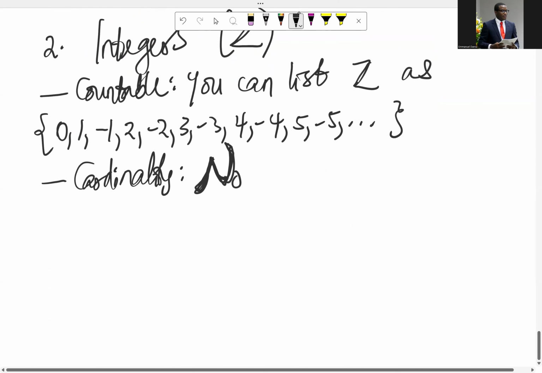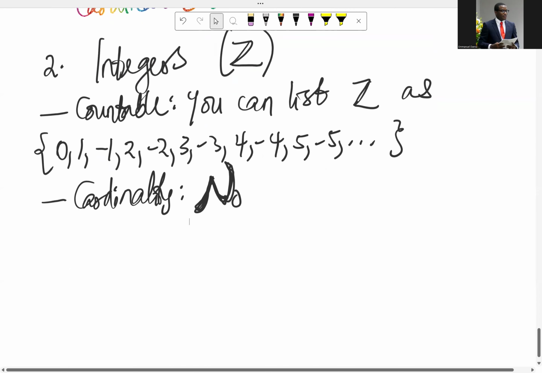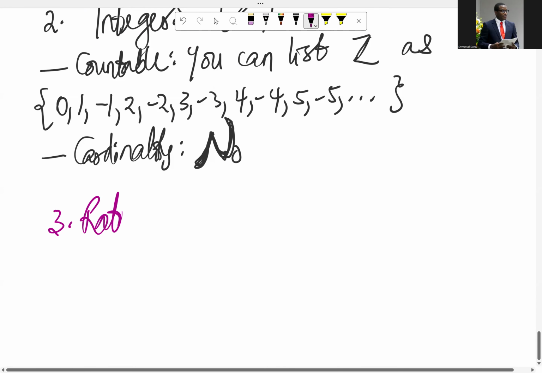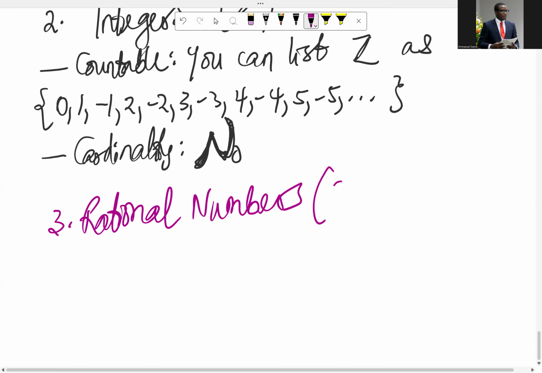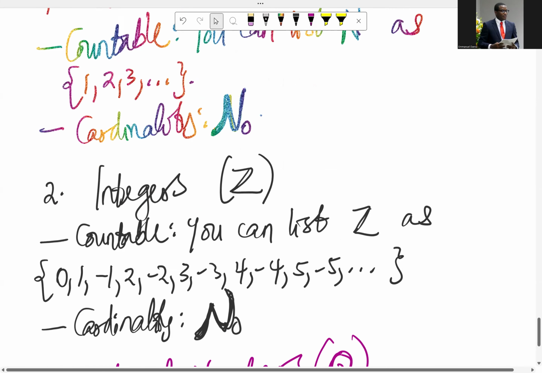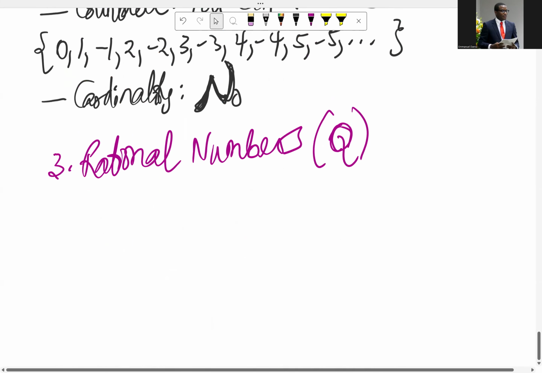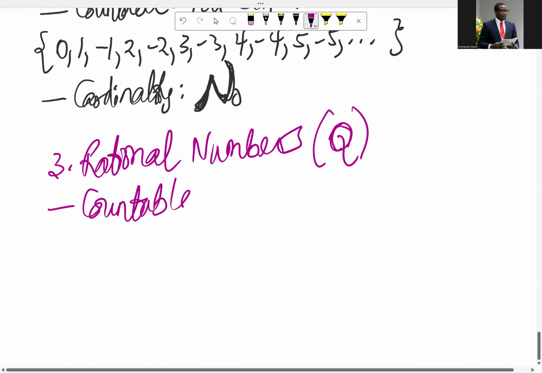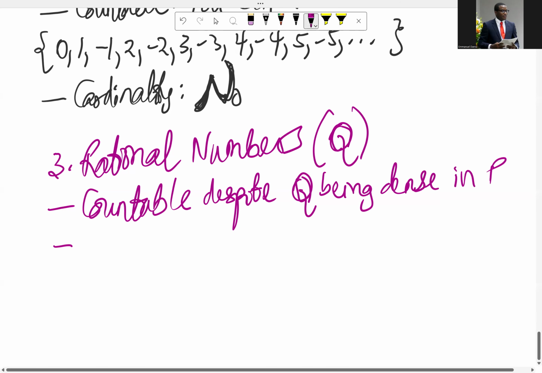Okay, so let's talk about rational numbers. Three, rational numbers, which is this special Q. Again, rational numbers are countable, despite Q being dense in R. They are still a lot, but you can still pinpoint them.